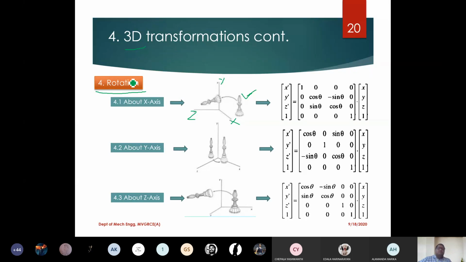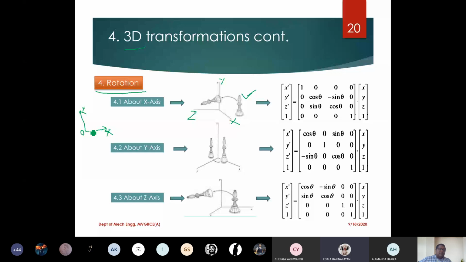About the origin, right? And your axis system was like this. This one is the x-axis and this one is the y-axis, right? About the origin we were rotating. Can you tell me, about the origin means about which axis you may be rotating?